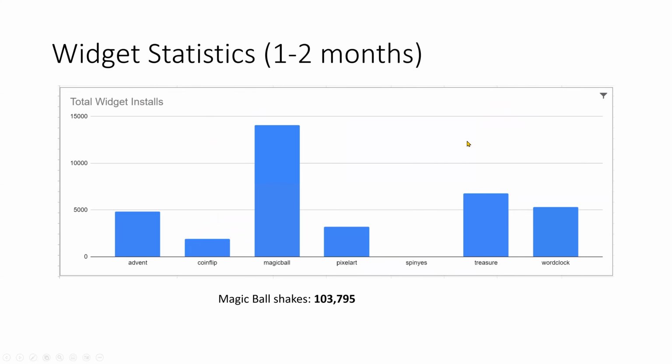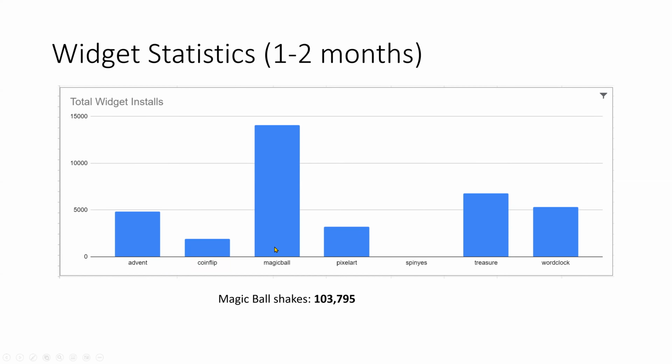In the 2 months that I've been doing widgets, that they've been released, this Christmas countdown has been out there for less than a month. This just shows you how many total widget installs. We're approaching almost 15,000 widget installs for the Magic Ball, almost 5,000 for the Christmas countdown widget.